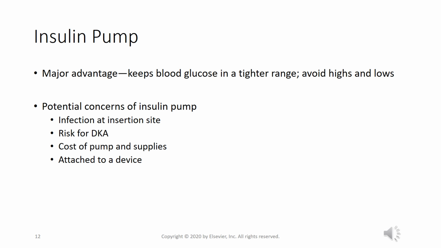She slept for another 6 or 7 hours, didn't realize it. She was not getting her basal insulin and woke up and was in an early DKA. So that is a complication, is pump malfunction or the catheter becoming dislodged. So there is a risk for DKA.